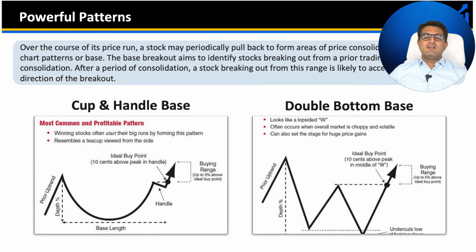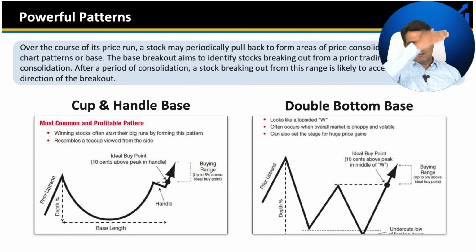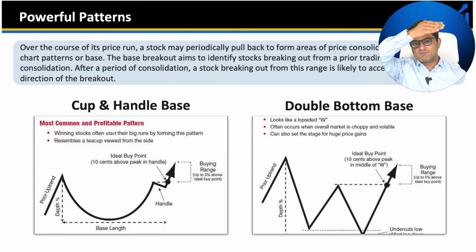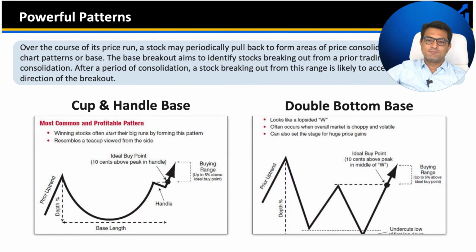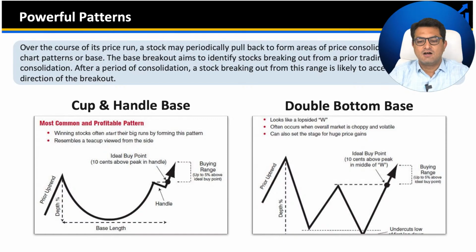Now the most prominent pattern is called the cup and handle pattern, where there is a downtrend in which all the weak hands are going out. Slowly the price becomes attractive enough and there is accumulation, and all the smart investors go up. Then there is some bit of profit booking that weak hands do, and then it literally bounces because there is no supply. Okay, and I'll show you live how to interpret it and how to think about all these patterns.